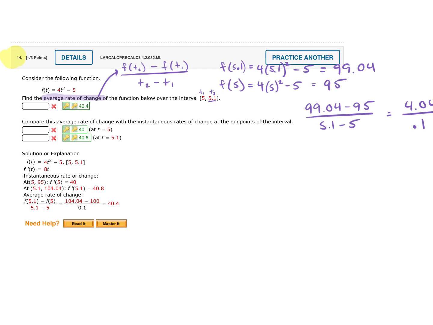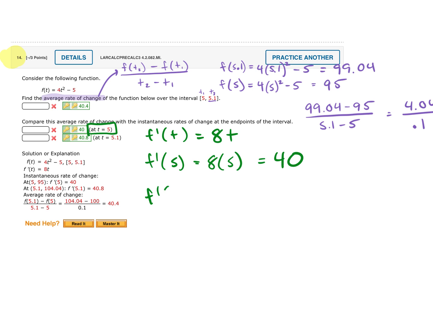We want to find the derivative and then plug in the numbers that it gives us. So let's find the derivative f prime of t. What would our derivative of 4t squared minus 5 be? 8t. So f prime of 5, because it says at t equals 5, we're going to plug in 5, would be 8 times 5, which is 40.